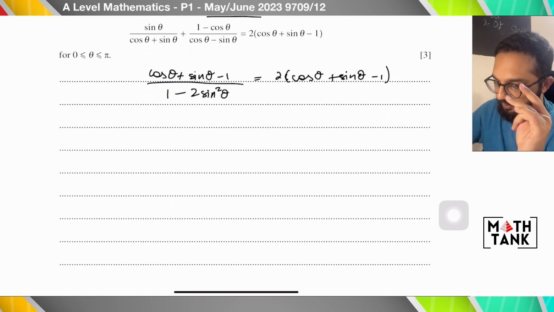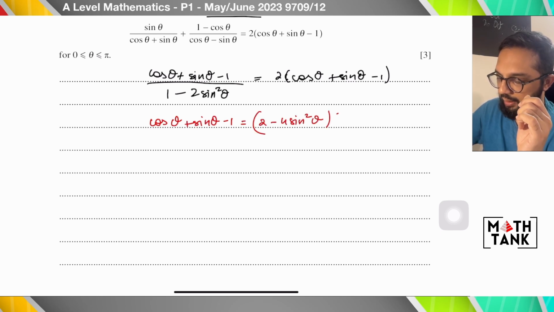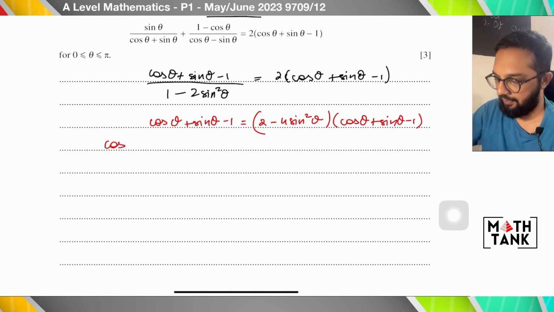I'm going to first cross multiply this. 2 minus 4 sine square theta and cos theta plus sine theta minus 1. I'm going to move them to the right hand side.